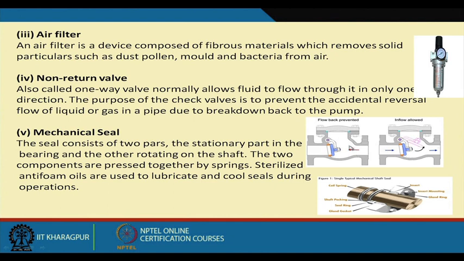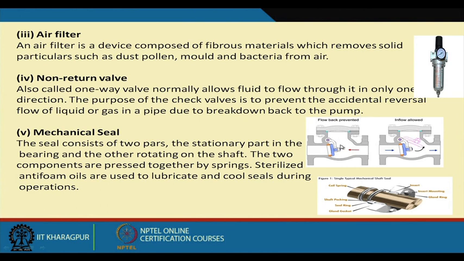To stop that, we should have a non-return valve. The non-return valve, also called a one-way valve, normally allows the fluid to flow through in only one direction. The purpose of the check valve is to prevent the accidental reversal of flow of liquid or gas in a pipe due to breakdown, back to the pump.